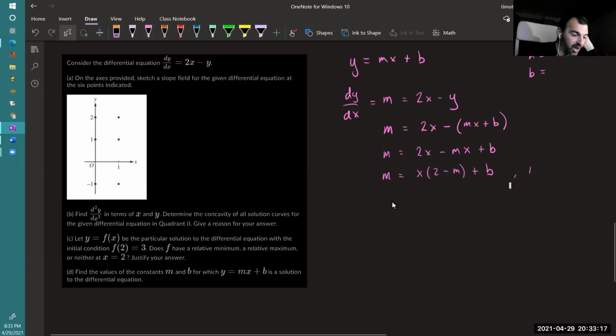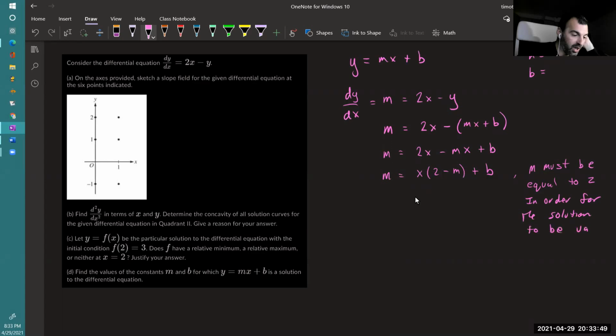So m must be equal to 2, in order for the solution to be valid for all values of x.